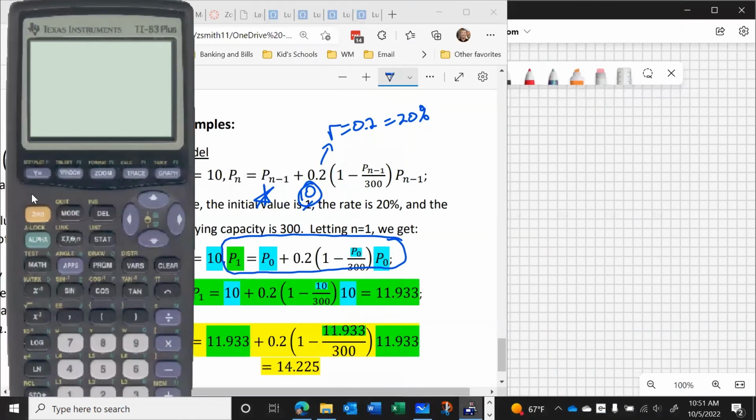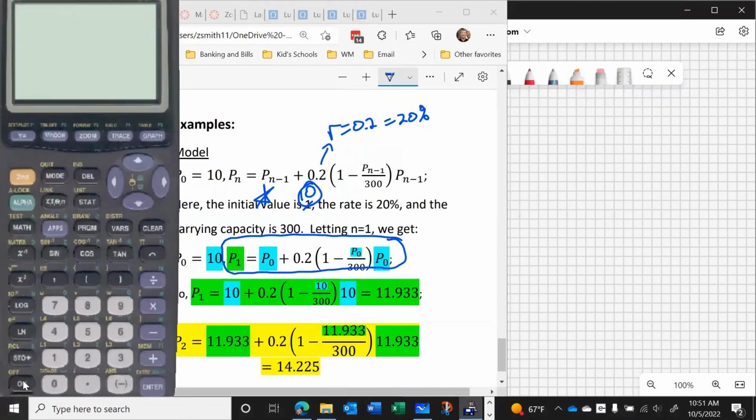Now, let me demonstrate what this looks like on the calculator with the answer button. Starting with the initial value of 10, enter. I need to code this right side. Everywhere I see a P sub n minus 1, I'm going to use the answer button.